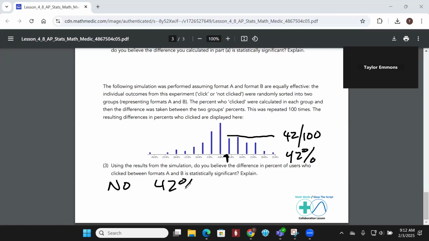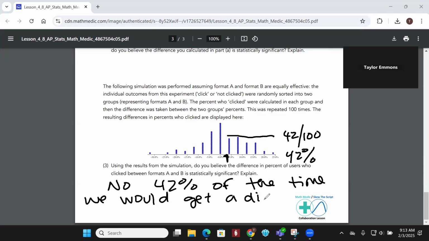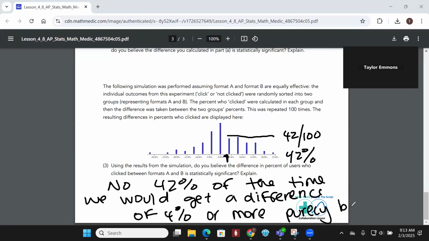No, because 42% of the time we would get a difference of 4% or more purely by chance.